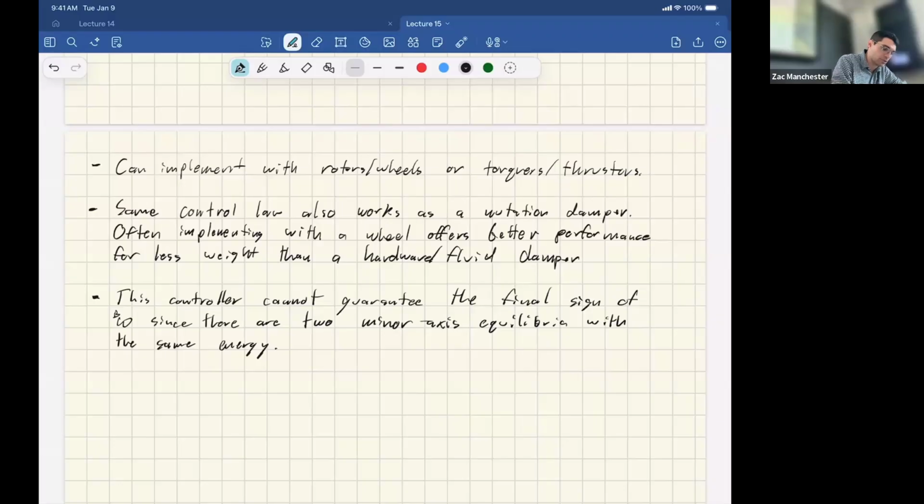So the idea here is, so far, we've written our dynamics generically in terms of rhos and taus, right? So we're just assuming there's some internal momentum vector from some set of wheels somehow, and some external torque vector from thrusters, or environmental torque somehow.